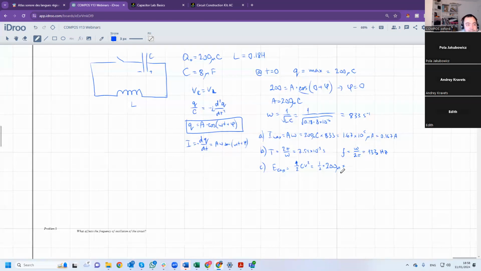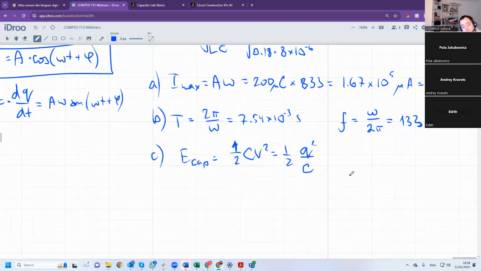We don't know V squared. Let's use a different formula. 1/2 CV squared, which is also equal to 1/2 Q squared over C. I think that's correct. Q squared over C. Yes.